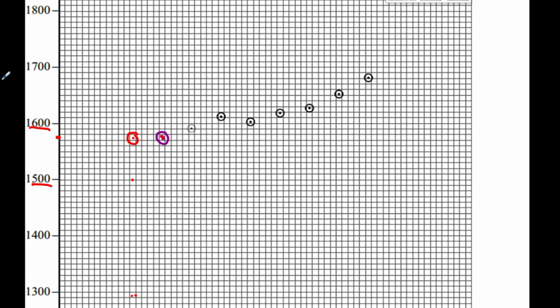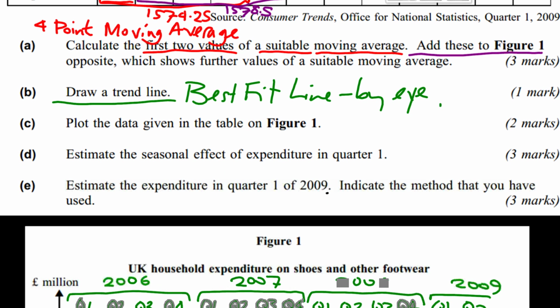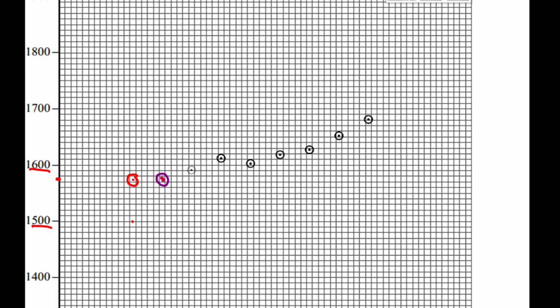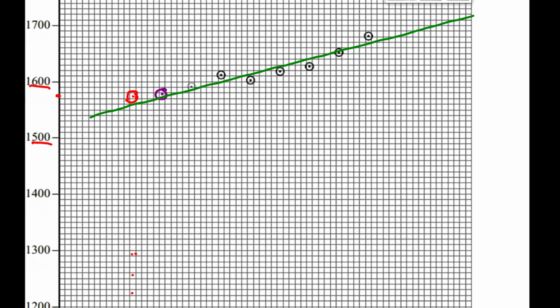I know the question a bit further on is going to ask me to estimate the future, so I will bear that in mind in drawing the line, given we've got a whole number of points here on the right hand end. So I would literally go through and put a line through it, and I'm going to do that in a sec while I stop the video so you can see what I'm doing.